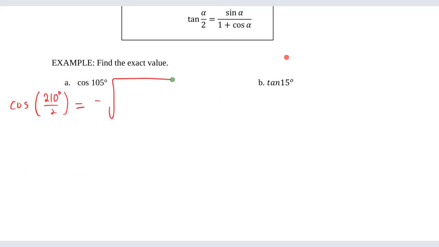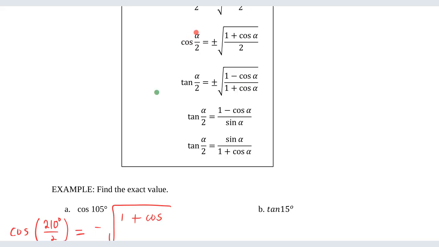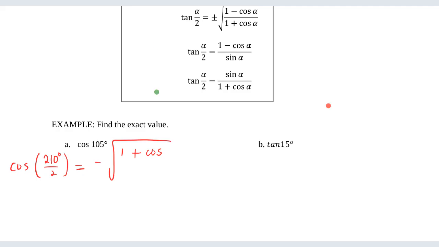I have explained why it is negative, because 105 degrees is in quadrant 2. In this case, angle alpha would be the angle there, so I will be using the 210 degrees instead. So now we'll have 210 degrees over 2. I'll just check the formula. Yes, it is correct.